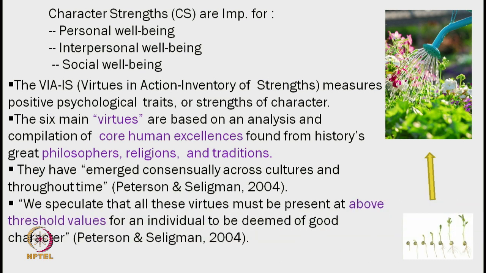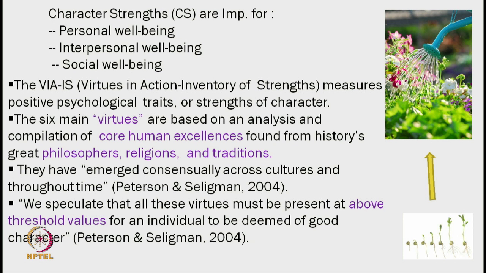We speculate that all these virtues must be present at above threshold values for an individual to be deemed of good character. They also mentioned that we should have above average level to maintain high level of character strengths, which could contribute to our well-being, whether it is in personal, interpersonal or social well-being.